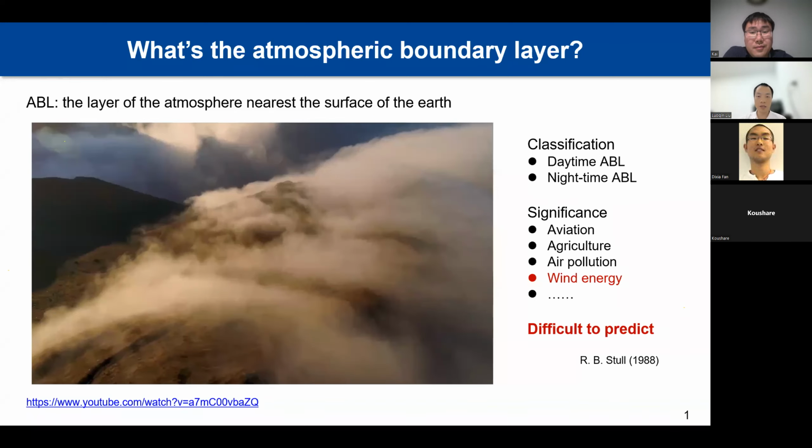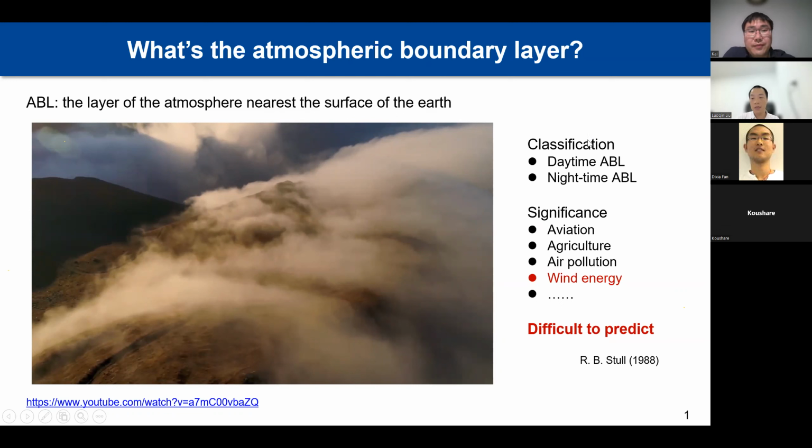Okay, so what's the atmospheric boundary layer? It's the layer of the atmosphere that is nearest to the surface of the Earth. And from the video, the boundary layer can be classified into a daytime ABL and a nighttime ABL based on the heat on the surface.